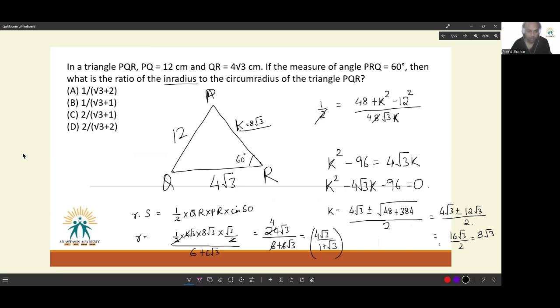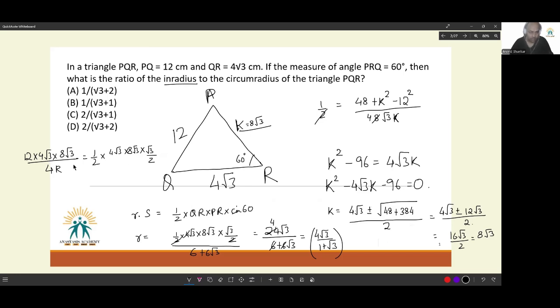And the circumradius working would be: abc by 4R is equal to half into 4 root 3 into 8 root 3 into root 3 by 2, half QR into PR into sine 60.